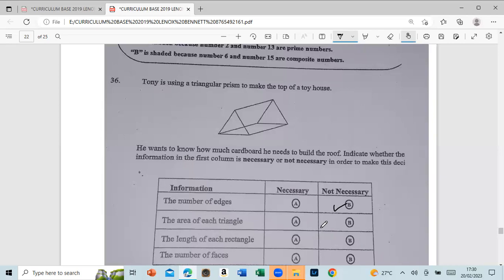Not necessary. The length of each rectangle. I would say probably that's not necessary either, because I assume there's just one rectangle I'm going to use, the base one.